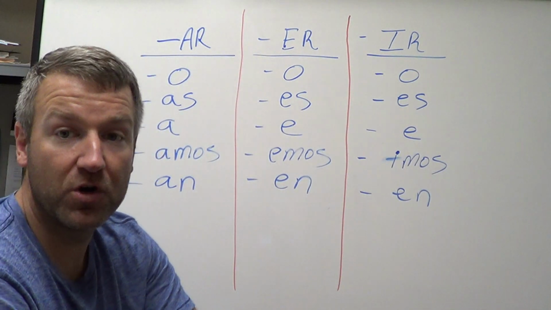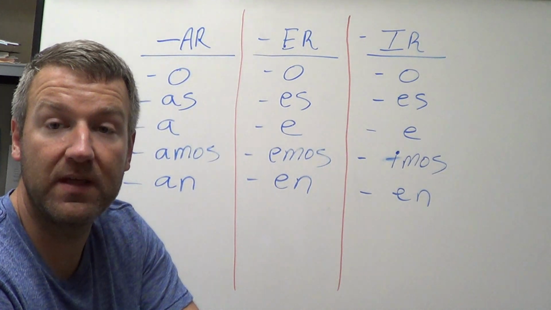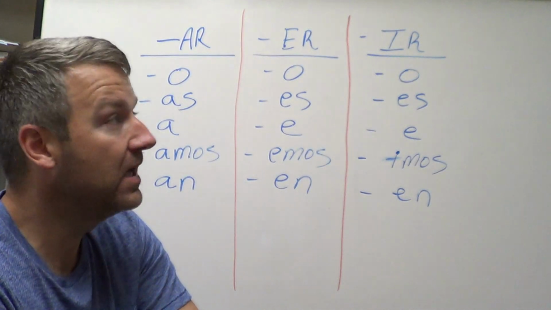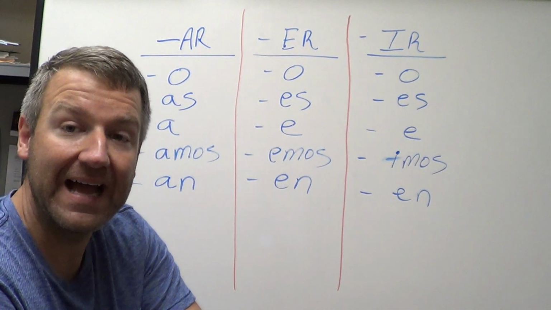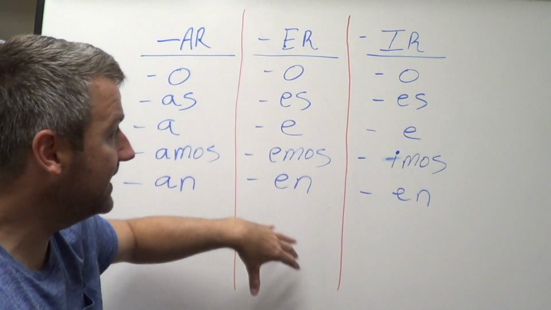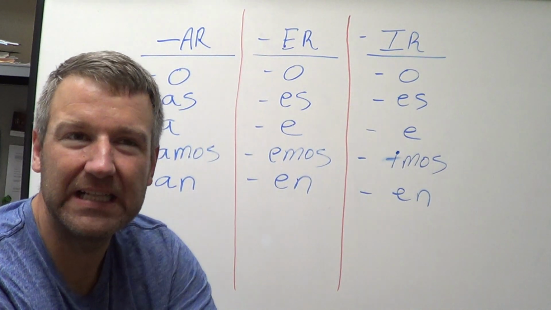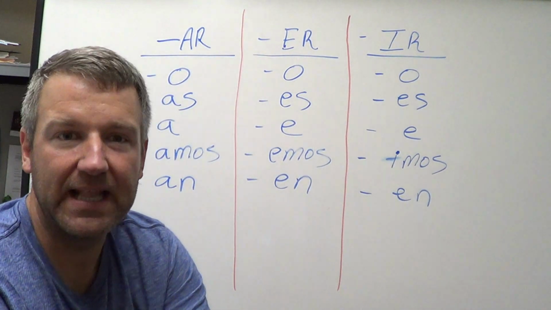So for ER verbs, the nosotros form is E-M-O-S, and for the IR verbs in the nosotros form, the form would be I-M-O-S, okay?